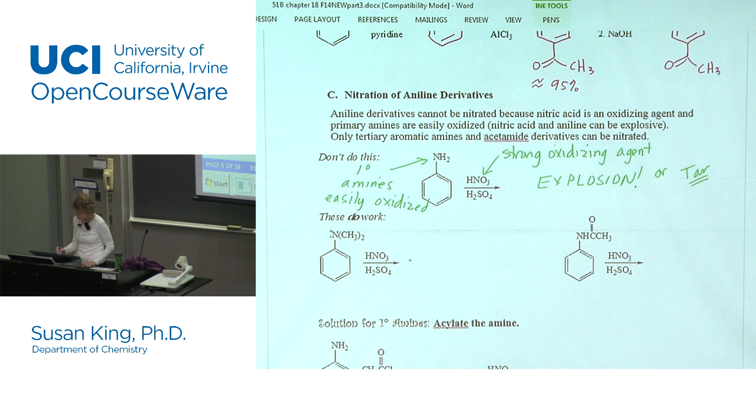Yeah, so what's going to happen is we're going to protonate this. Now that's an equilibrium that's going back and forth. So what we end up getting is the major product is actually the meta product.